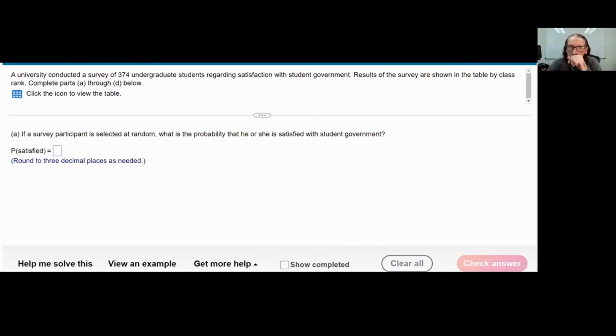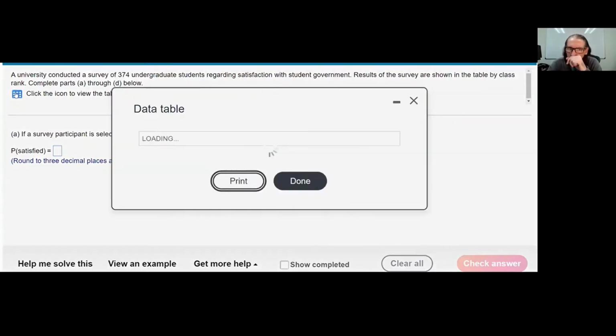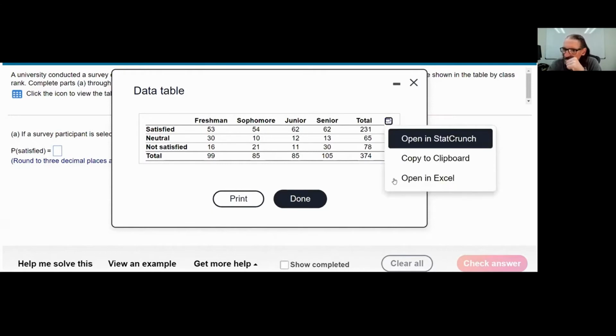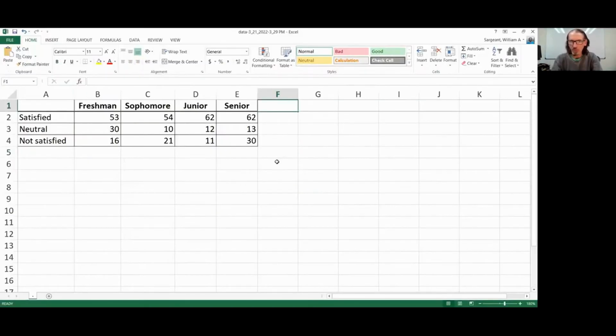Okay. Now here we go. That's interesting. They were showing us totals, but they don't show up in the download. So there's our total number satisfied, regardless of class standing.